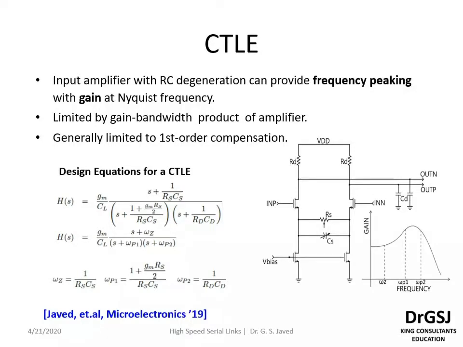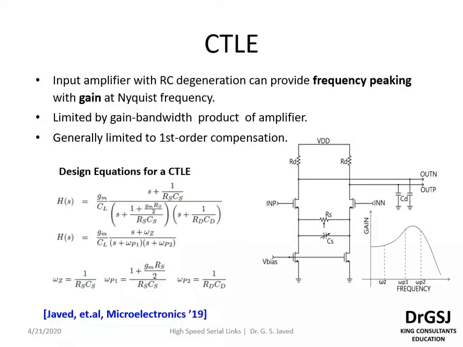The gm by CL, which is the load capacitance effectively, or CD here, this ratio gives the DC gain of the system, and the transfer function (s plus omega z) over (s plus omega P1)(s plus omega P2) gives information regarding the two poles, omega P1 and omega P2, as discussed here.